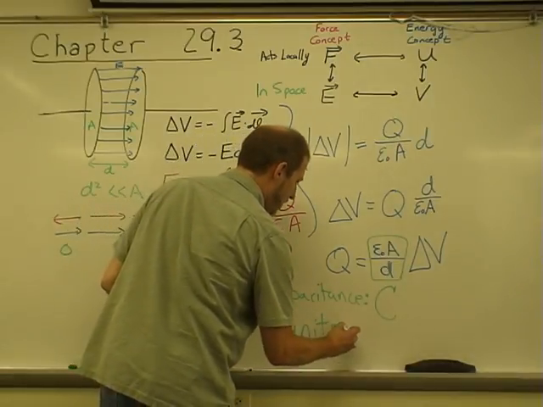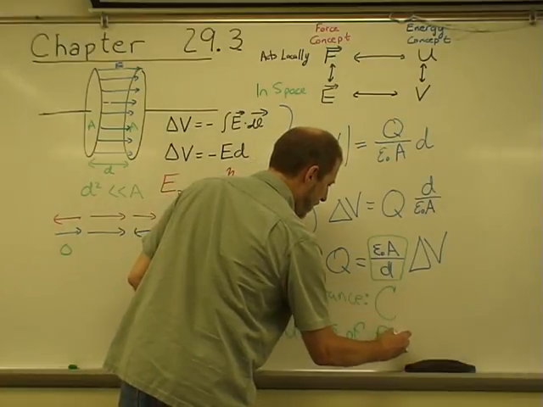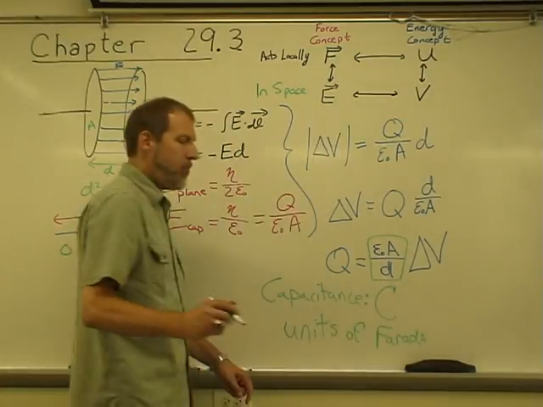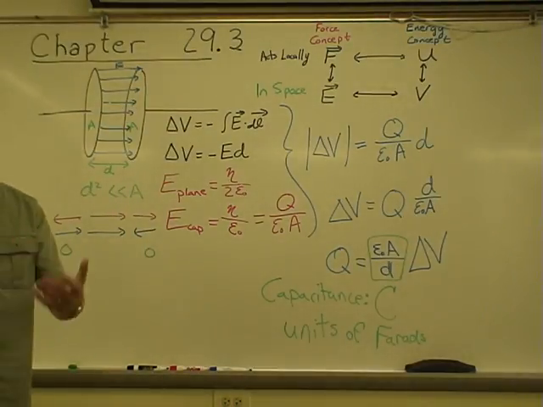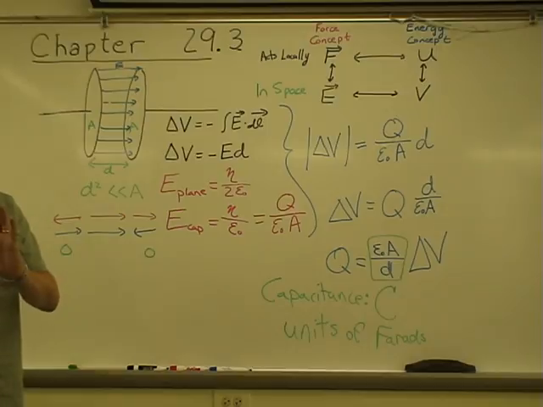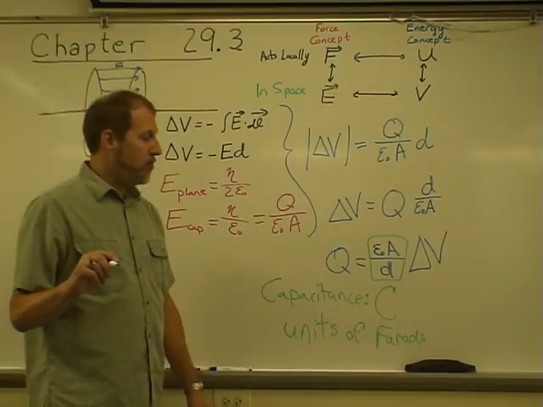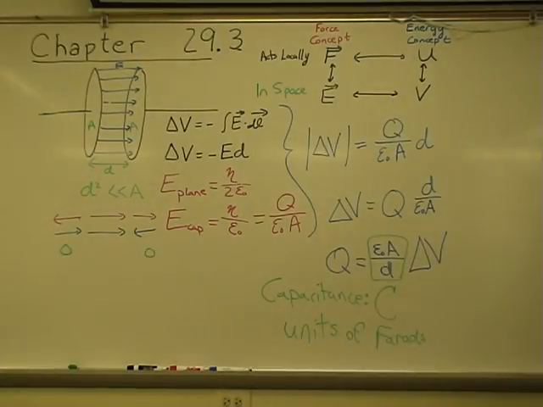in units of farads, where the farad is named after the scientist Michael Faraday. We're going to talk about him in much greater depth when we get to magnetic fields as well. And I'll direct you to an episode of the more recent series of Cosmos, if you have any sort of streaming service, that has a very good biography of Faraday, and I will direct you to that when we get to magnetism.